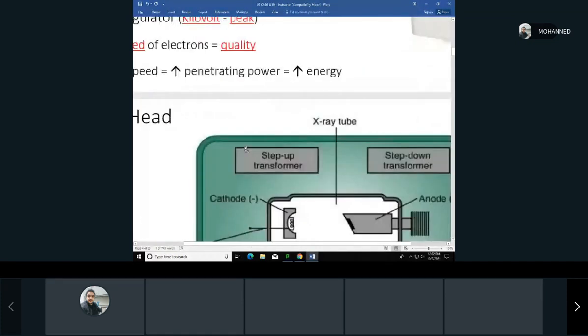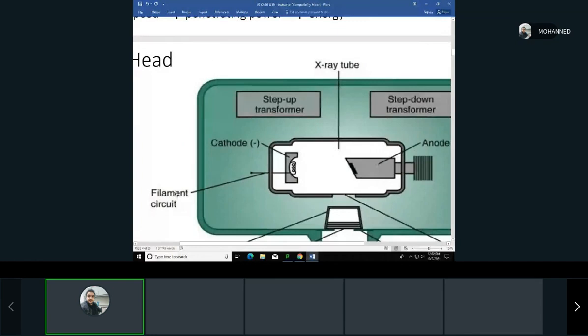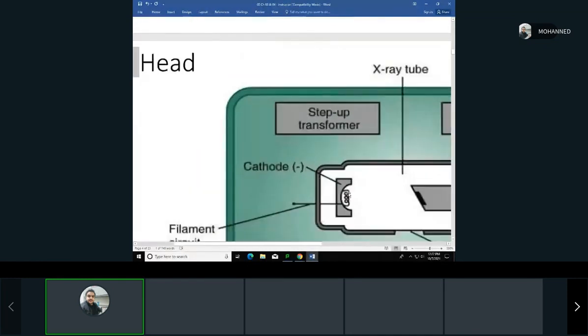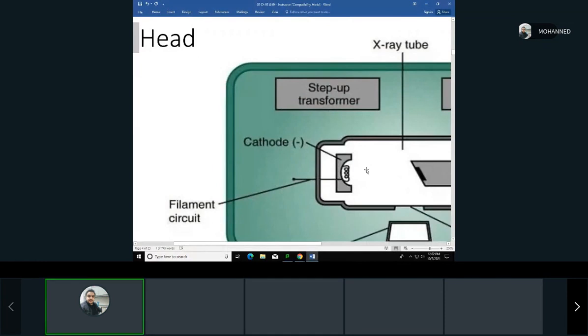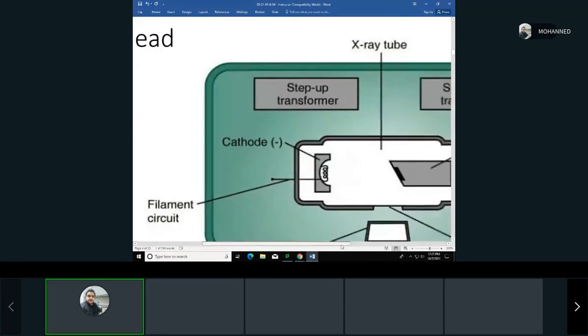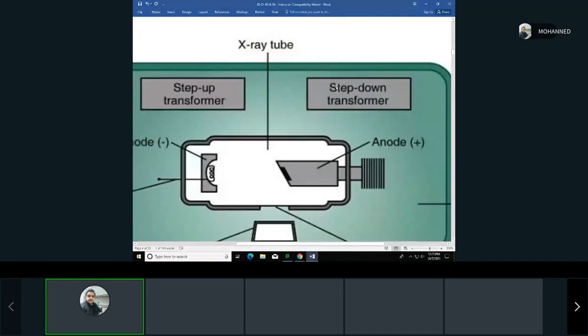When we want our filaments to heat up, again, it's just like a light bulb, right? The light bulb has a filament in it, and it heats up to bring up light. Same thing with this filament. We want to heat it up to bring up electrons. So when we want to heat that up, we want just a little bit of voltage. We have a step-down transformer that will reduce the regular electricity from the socket to a smaller amount of voltage, about 5 volts.